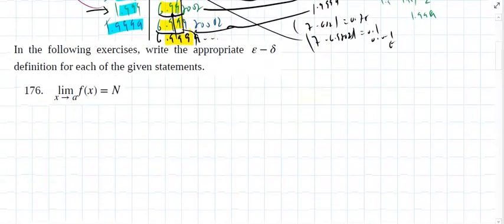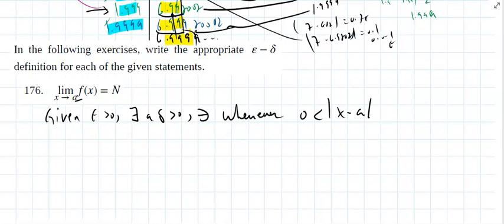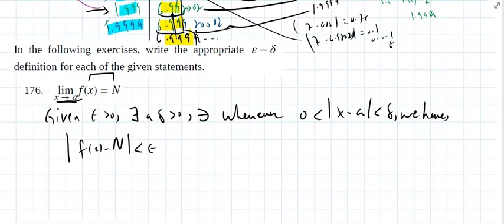So if I want to write this as we did up there, we're going to say, as the definition states, given epsilon is bigger than 0, there exists a delta bigger than 0, such that whenever 0 is less than the absolute value of x minus a, that's the limit right there, is less than delta, we have, and you're supposed to show this, absolute value of f of x minus L should be less than epsilon.